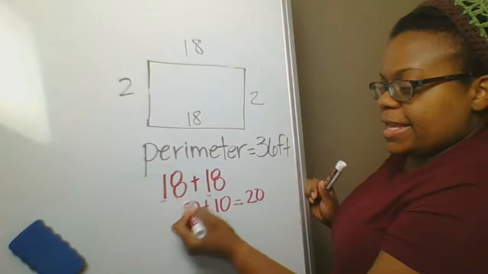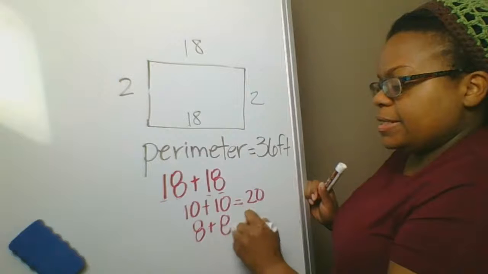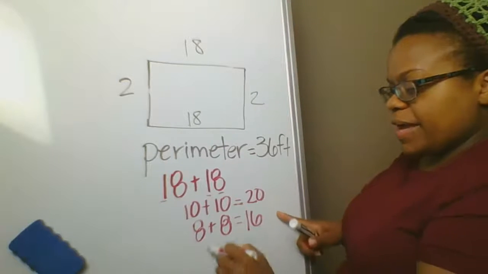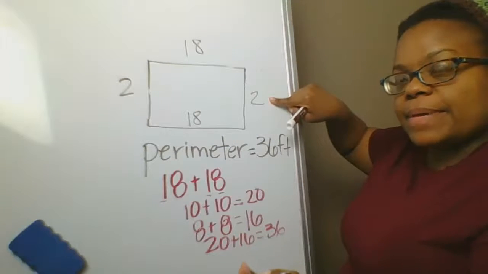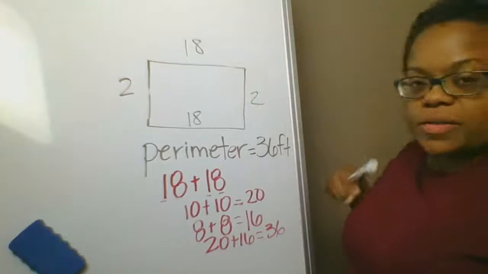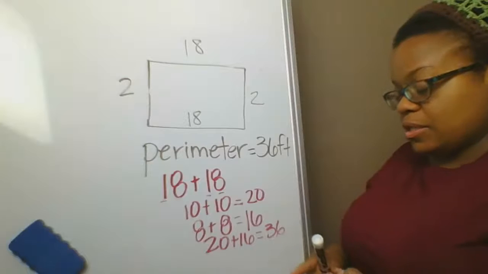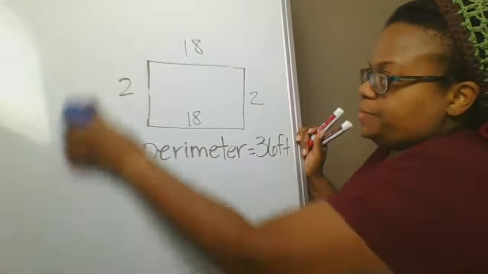Let's add 8 and 8. 8 plus 8 equals 16. So if I add 20 plus 16, I know B is not my best answer choice because I haven't even added up all the sides and I've already gotten to 36. So I'm going to move on and I'm going to try the next option.